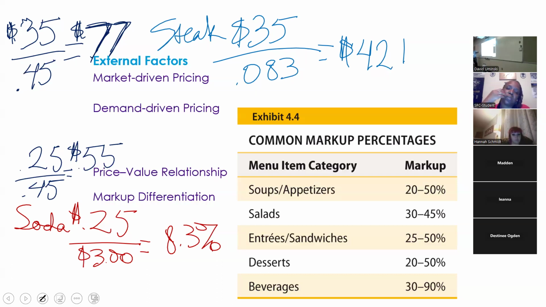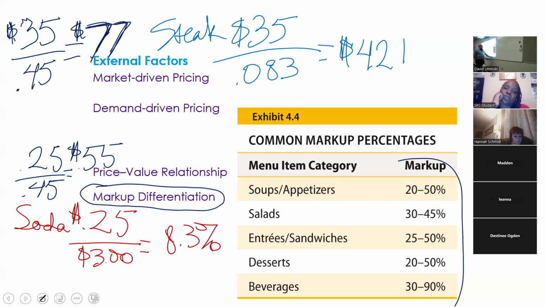And so this is how you use that markup differentiation. There are some recommendations for the markups, the different ranges. And as you can see, those entrees have a smaller markup compared to the beverages that have a 90% markup.